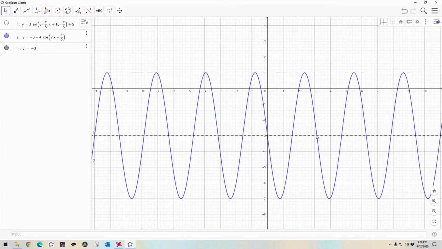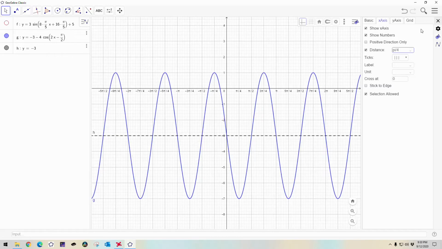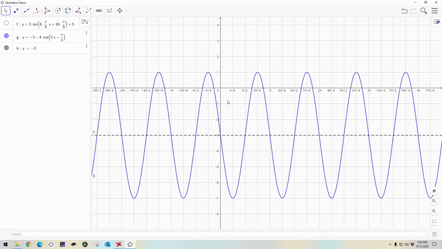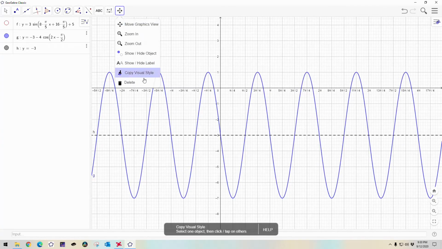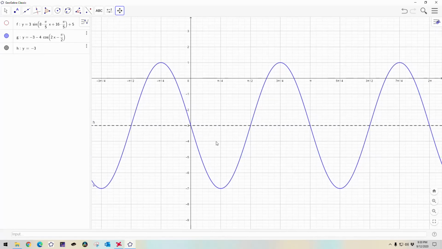And then, of course, the entire period length is going to be based off of pi over 4 as well. So let's take a look at using that as my marker lengths here. And sure enough, let me stretch it out a little bit. That's exactly what we have here.